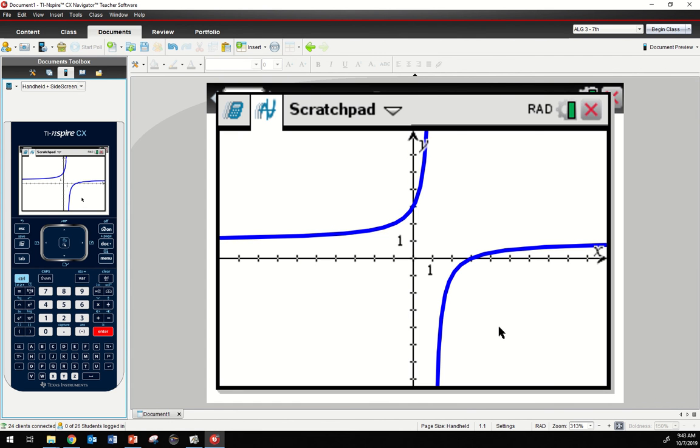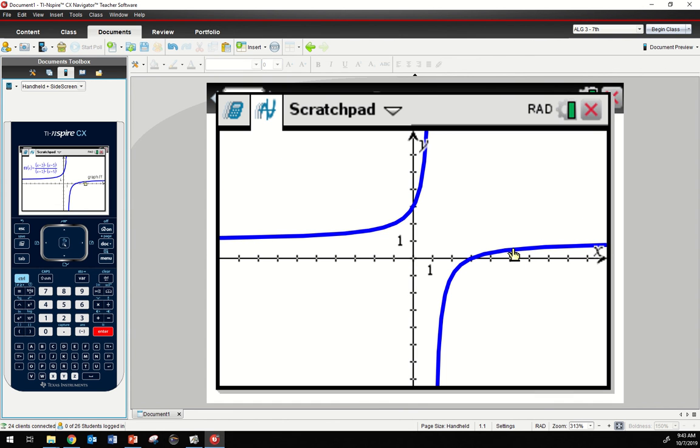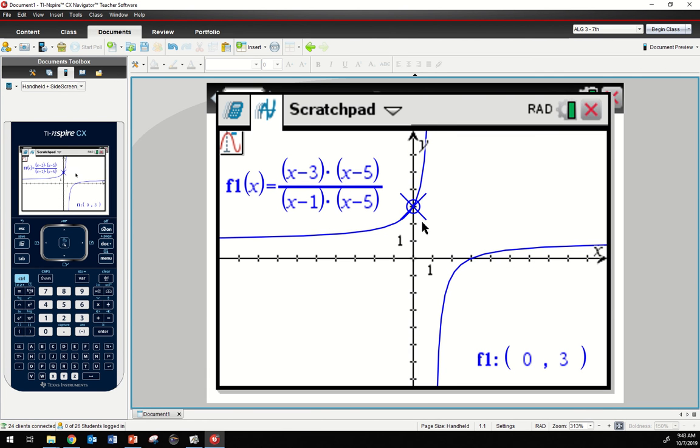At the number 5, if you notice, it looks like the curve is continuous, isn't it? Let me see. 1, 2, 3, 4, 5, right here. So it looks like it's continuous. So I'm going to menu, trace, graph. I could actually just trace it. So at 0, it's 3.